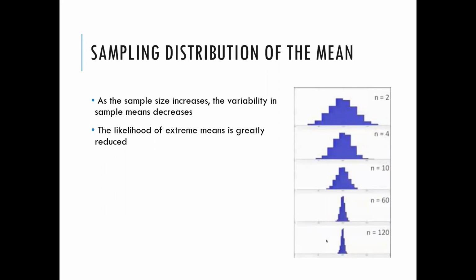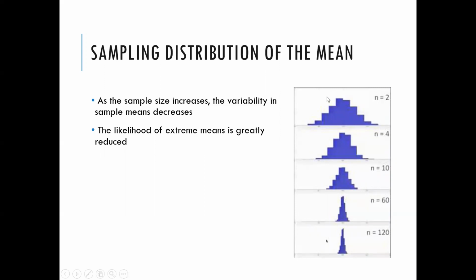If we take a sample of 1,000 people versus a sample size of 10, the variability in that sample of 1,000 people will be less than the variability in a sample of 10 people, okay? And the likelihood of extreme means is also greatly reduced.